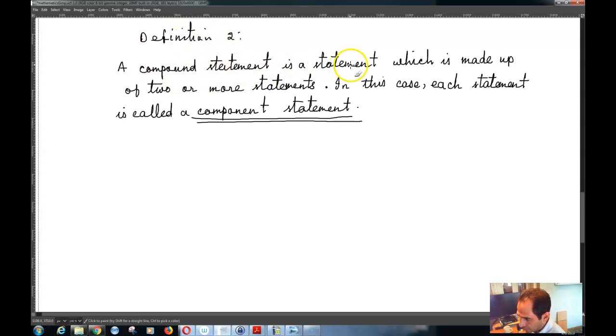A compound statement is a statement which is made up of two or more statements. And in this case, each statement is called a component statement.